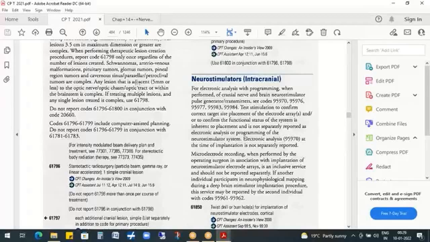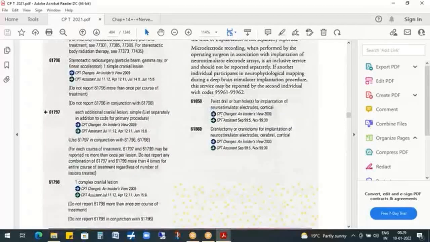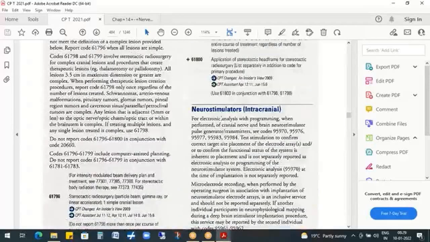Give me the answer. Shobha, don't be in a hurry to do the questions. Try to read the code description, parenthetical notes and everything. Otherwise, you may do so many wrongs.